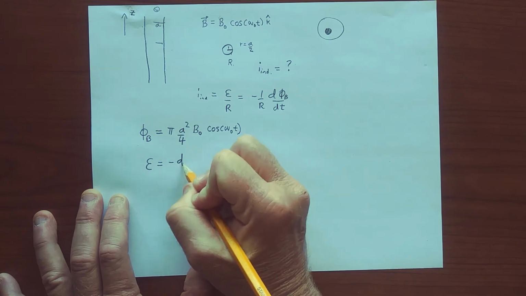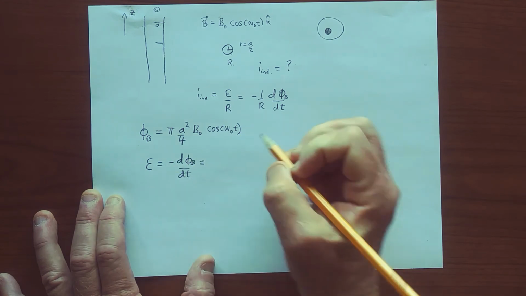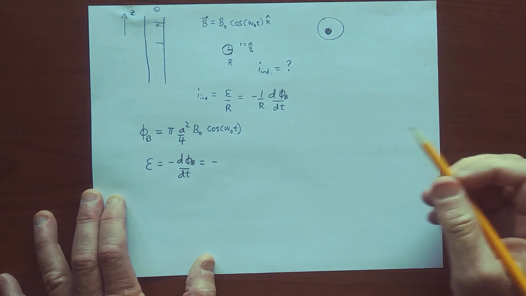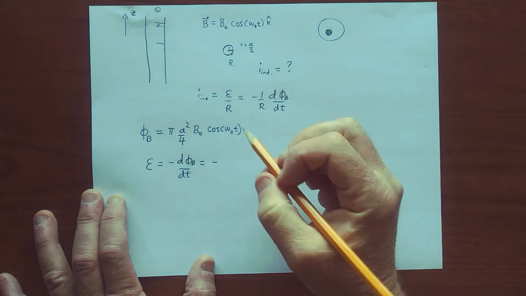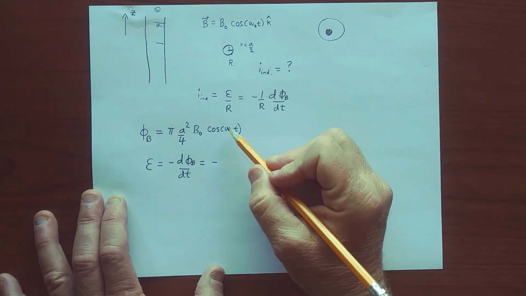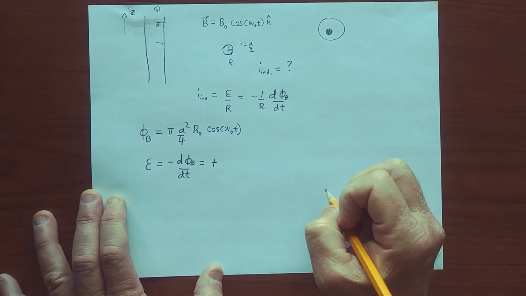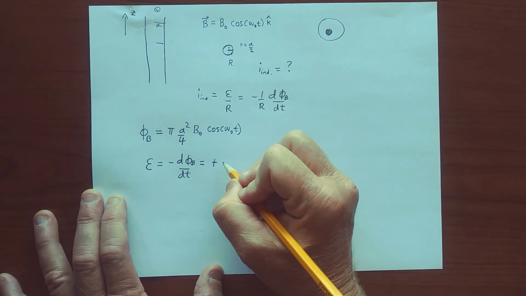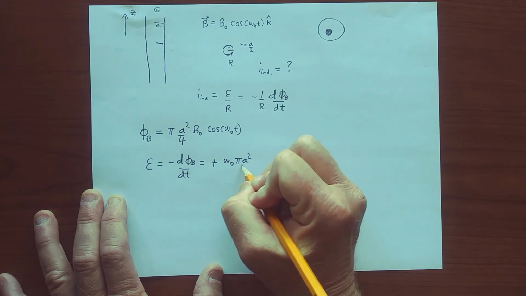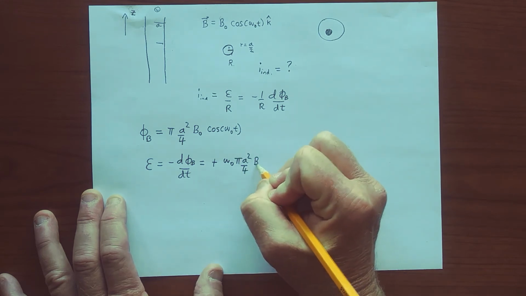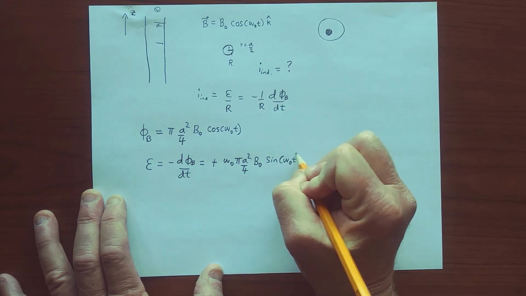All right, so we have to do this, and that brings in a minus sign, but the derivative of the cosine in time is also a negative term, so we get a positive term. We have an omega naught coming out of here, so we have omega naught pi a squared over 4 B naught sine of omega naught t.